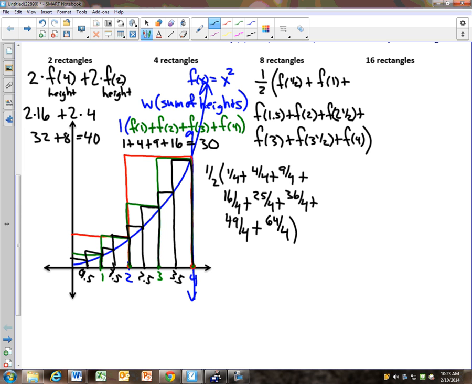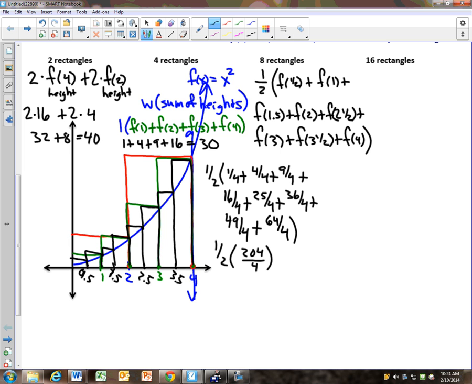All right, let's add them up. 1 plus 4 is 5, plus 9 is 14, plus 16 is 30, plus 25 is 55, plus 36 is 91, plus 49 is 140, right? 140 plus 64 is how much? 204. So 1/2 times 204 over 4.